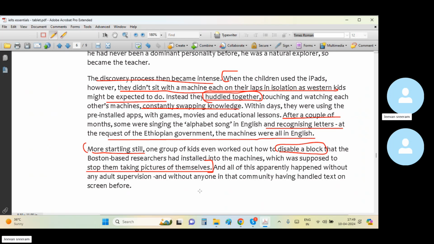They didn't predict it. This was not predicted because it's clearly mentioned as a startling scene. Startling means surprising. If the block was disabled, they must be able to take the photographs. So that is really shocking and surprising for them.